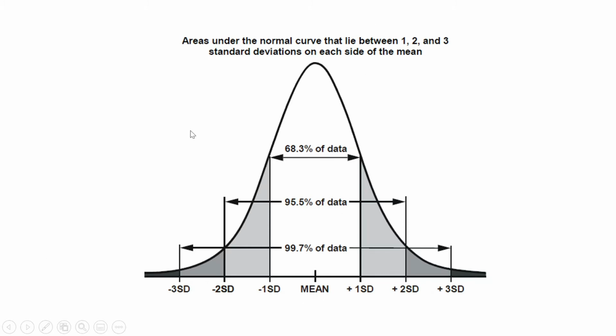If you have 100 students, 68.3% of students would be near the mean, that's within plus or minus one standard deviation. There are a few students who would be the toppers of the class, and there can be a few laggards. It's the same case with almost everything.